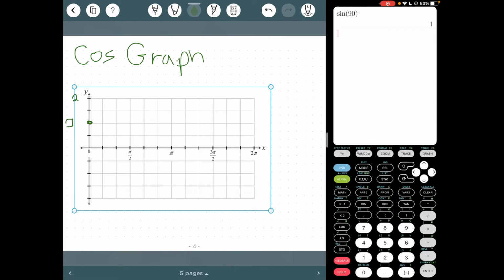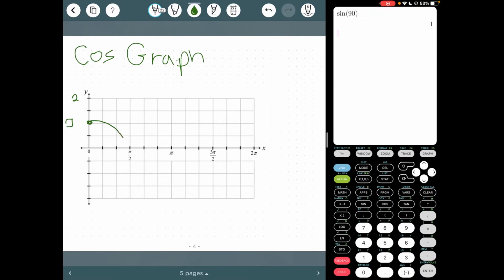So this will start at 1 and go down at pi over 2, then go down till negative 1, and then change directions at pi and go upwards to 3 pi over 2, and then continue upwards till 2 pi. And this is one period, and it has a period of 2 pi, just like the sine graph.